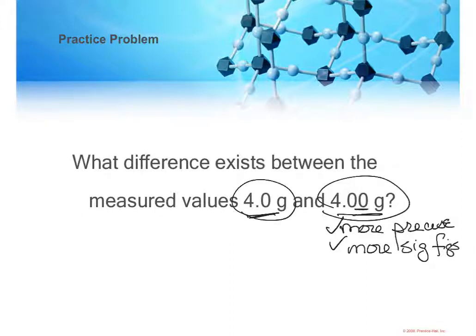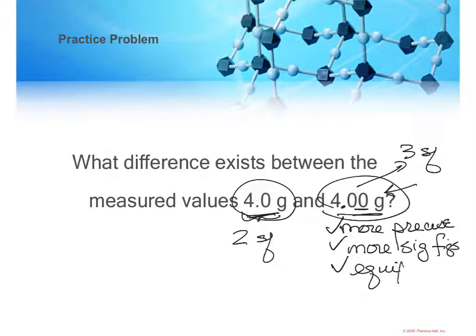These trailing zeros count as sig figs because there is a decimal. So this value has 3 sig figs, and this has only 2 sig figs, which means whatever equipment was used to give the 4.00 is more precise equipment than the other one. And that means the measurements you make on this piece of equipment are going to be more reliable, more repeatable.